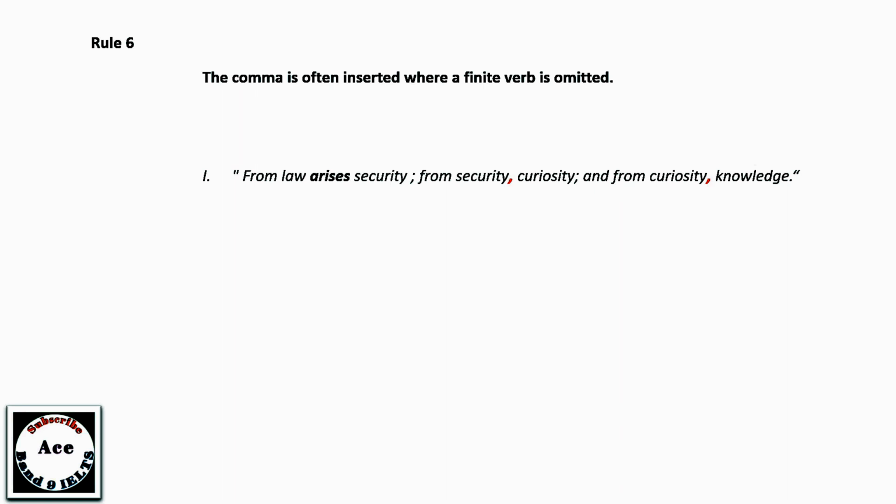For example, in this sentence, the main verb is arises. It says from law arises security. From security arises curiosity. Instead of repeating the verb arises, the author uses a comma.